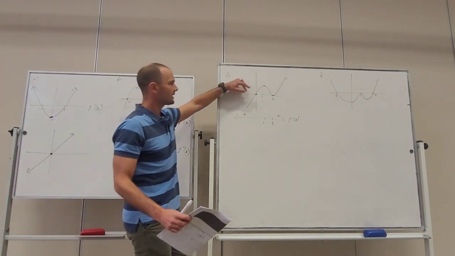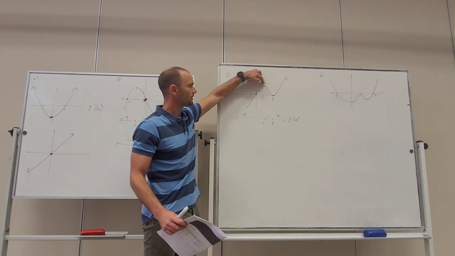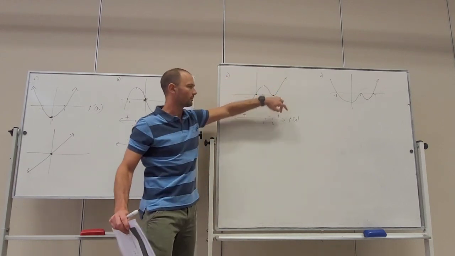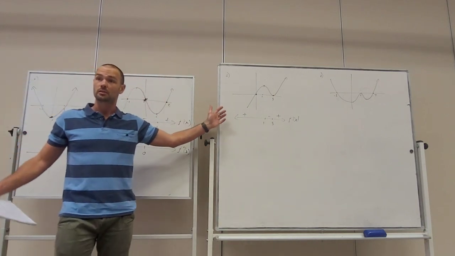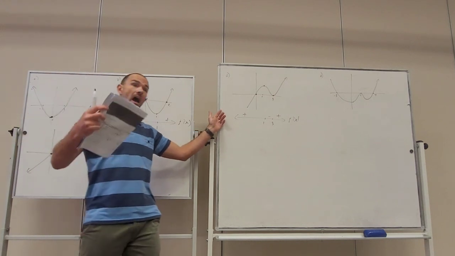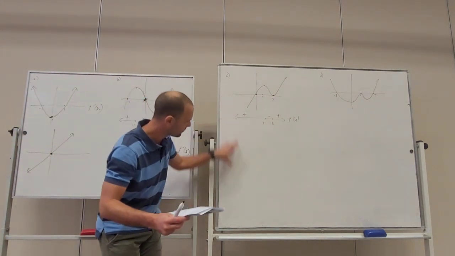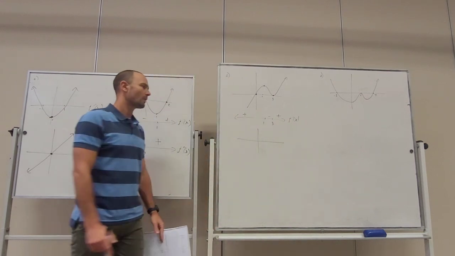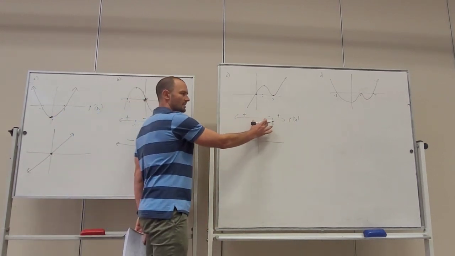So increasing, the first derivative is positive. Decreasing, the first derivative is negative. And then increasing, positive. Now, the sign diagram is not something you have to draw, but it's something I'm going to encourage you to do because it's going to help you generate the graph for the first derivative function. So the graph for the first derivative function just has these properties.